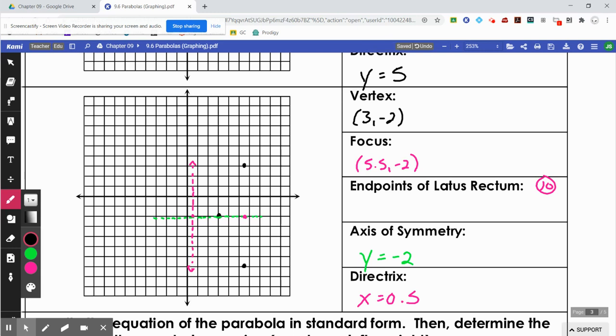So from my focus, right here, I'm going to go up 5, and I'm going to go down 5. So the endpoints will be located at (5.5, 3) and (5.5, -7). Connect my dots, and here is my parabola.